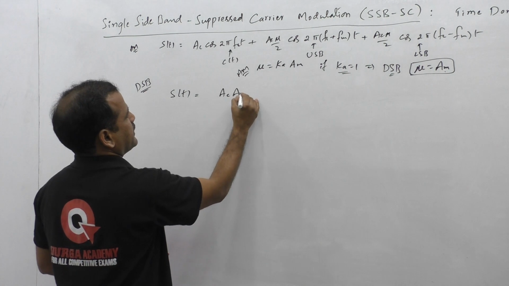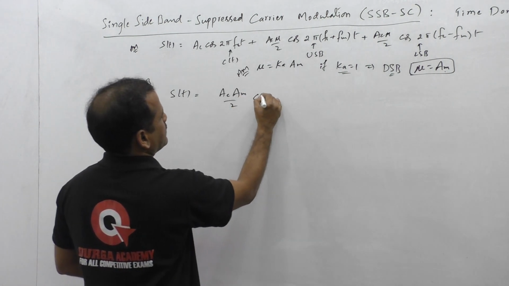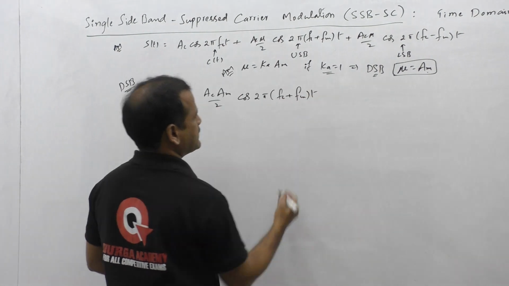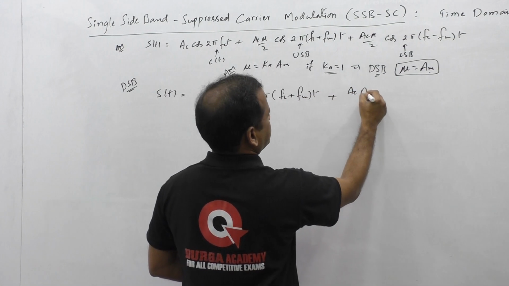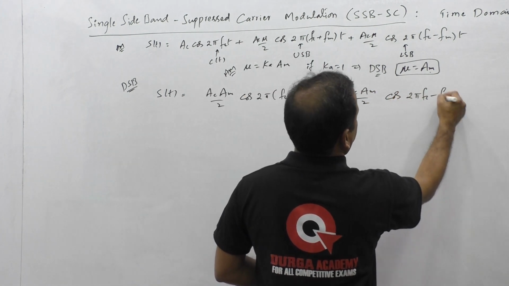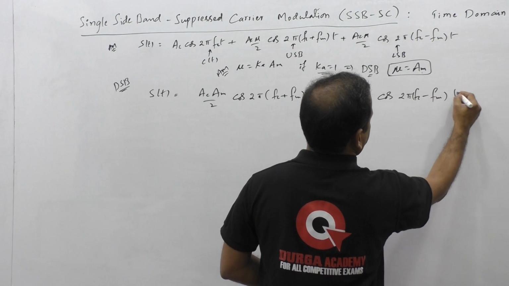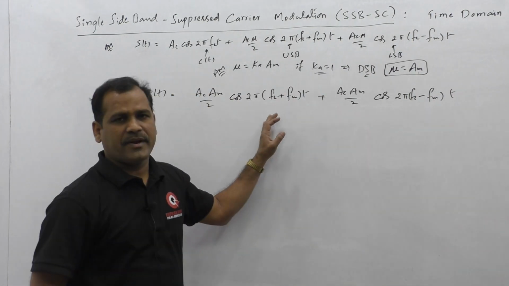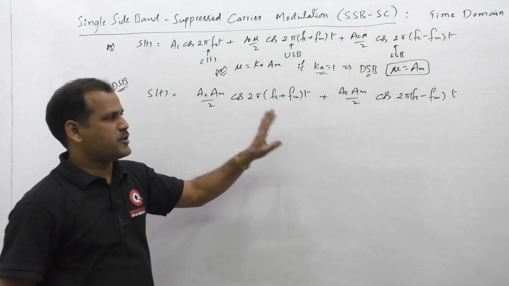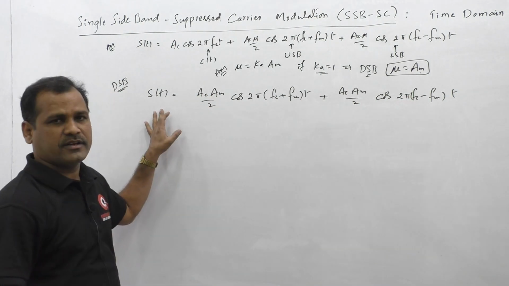So Ac Am by 2 cos 2 pi (fc plus fm) t, and then Ac Am by 2 cos 2 pi (fc minus fm) t. One is for the upper sideband, the other is for the lower sideband. So with both sidebands we have the time domain representation for this DSB-SC signal.